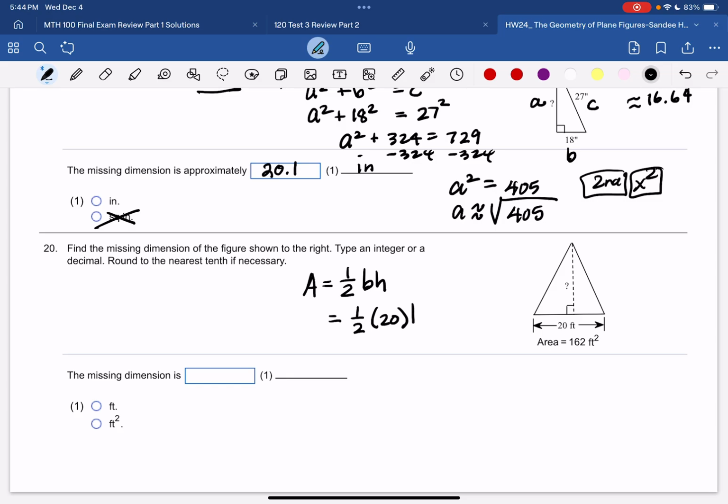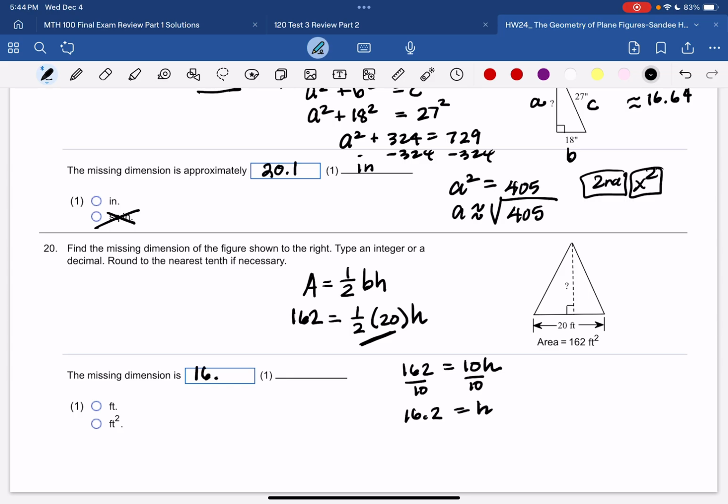We know our height is missing, but we know our area is 162. So I just substitute in for the things that I know. So 162 is 10 times h, because half of 20 is 10. Divide both sides by 10, and 16.2 is my height.